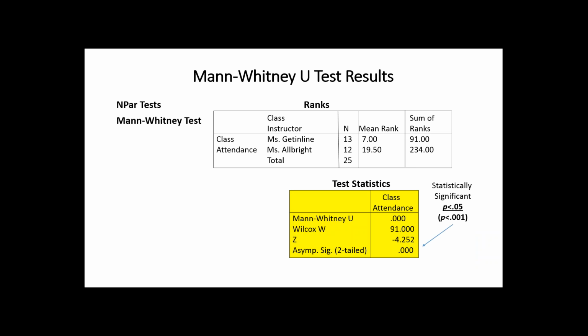And we know Miss Albright has a significantly higher level of attendance in her classes. So those are our first non-parametric tests. And you can see they're quite like the independent samples t-test, right? You have your significance, and you know which mean is higher.